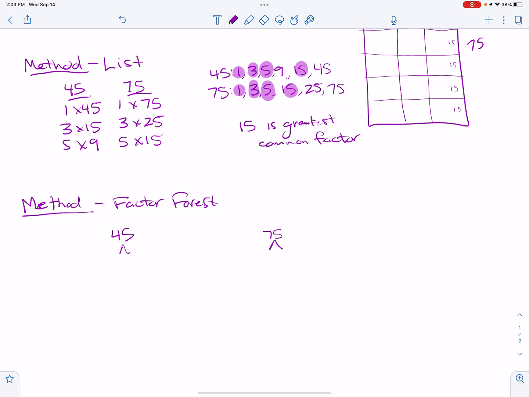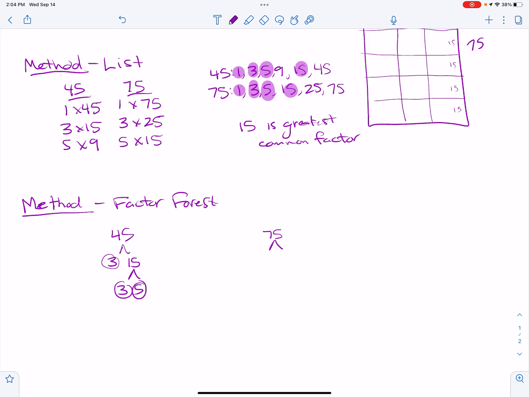So when we do our prime factorization, we want to pick our smallest factors first, and we know 2 doesn't work because it's an odd number, but 3 and then 15, so we'll circle that because we know it's prime. 15 is composite, and we're left with 3 and 5.